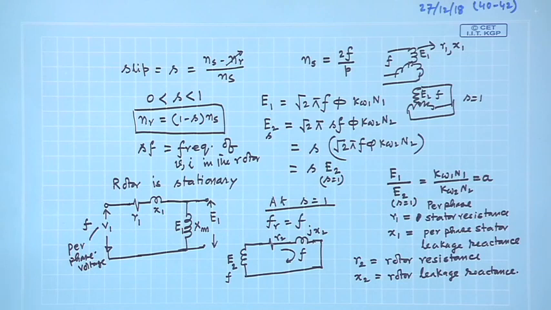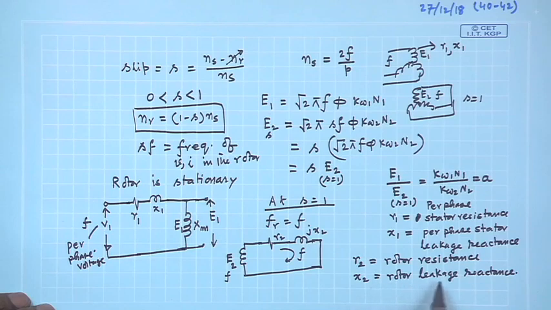So, what we say is this: X2 is the rotor leakage reactance when the rotor is stationary, or the rotor leakage reactance at standstill condition.